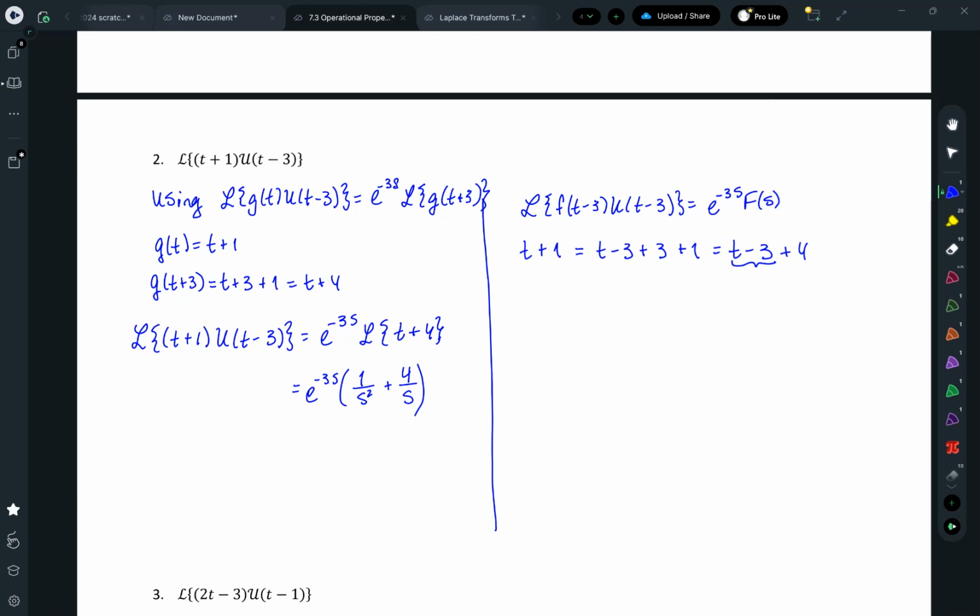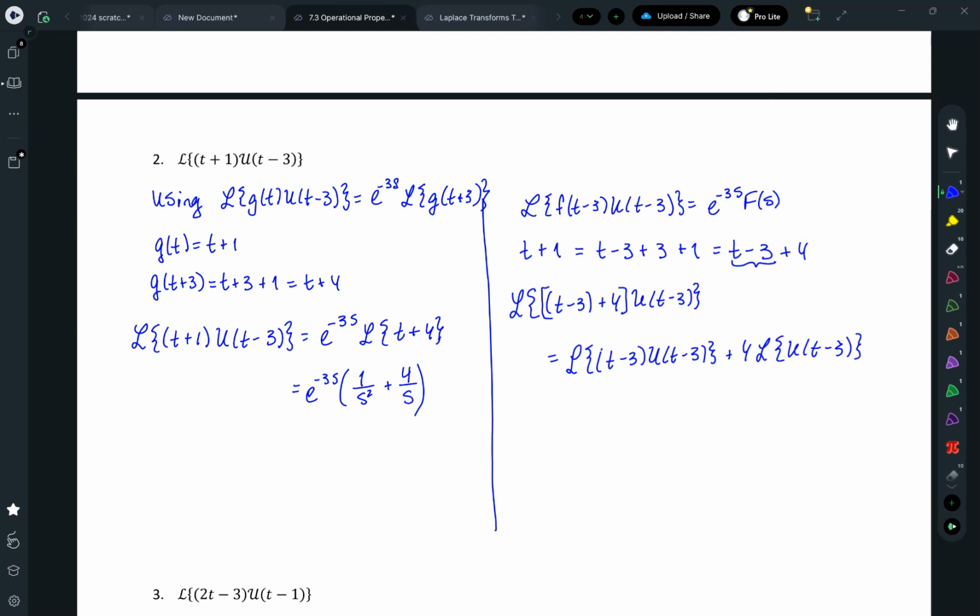Okay, so now I can say that I'm looking at the Laplace of t minus 3 plus 4, u of t minus 3, which, using the linearity property, is equal to the Laplace of t minus 3, u of t minus 3, plus 4 Laplace of u of t minus 3.